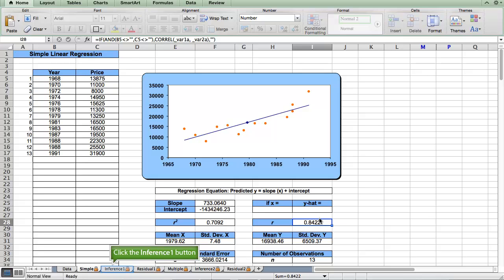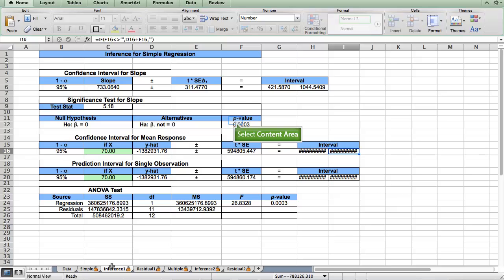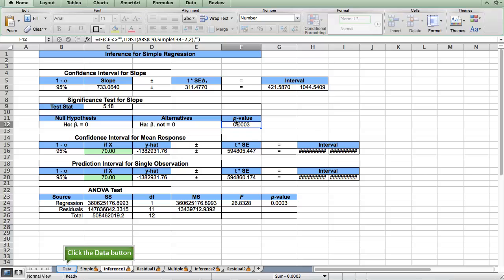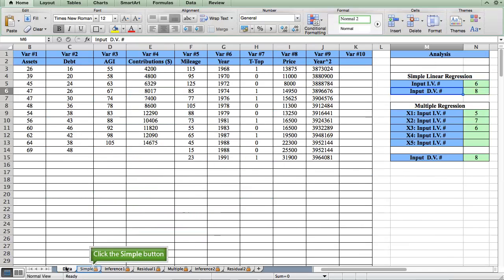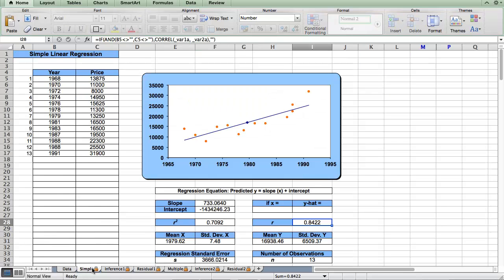We could also see from our significance results that the p-value is quite strong. So why isn't it working in our model? Well, it could be because of what we see here. We see somewhat of a curved pattern in the data.